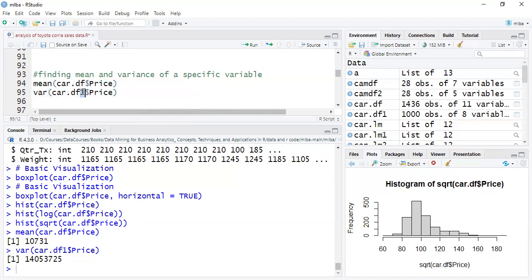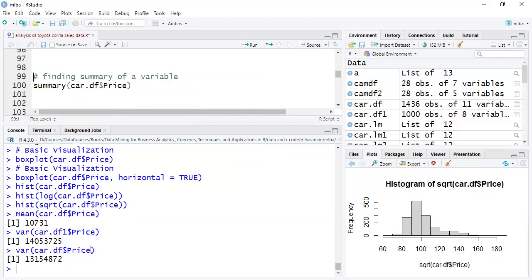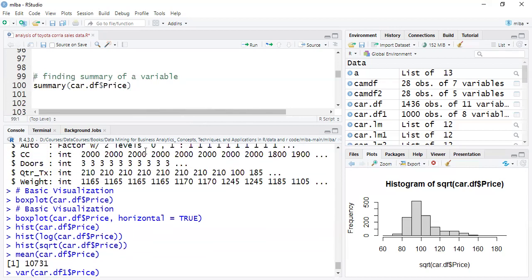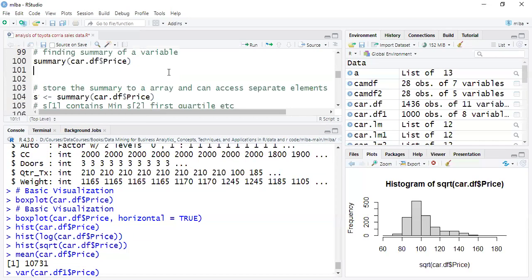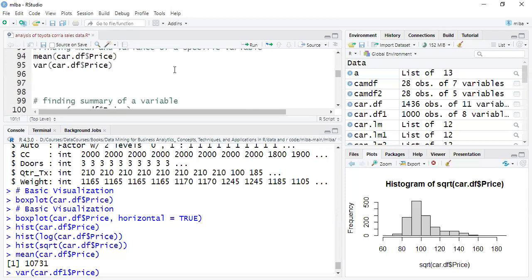You are right, Mr. Sunil, it should be variance of car DF, not car DF1. Very good identification by Sunil. Now you can see the actual price was 14,053 something, but now it's 1315487. Car DF1 will be introduced later in this analysis, so I changed the DF1 from here.